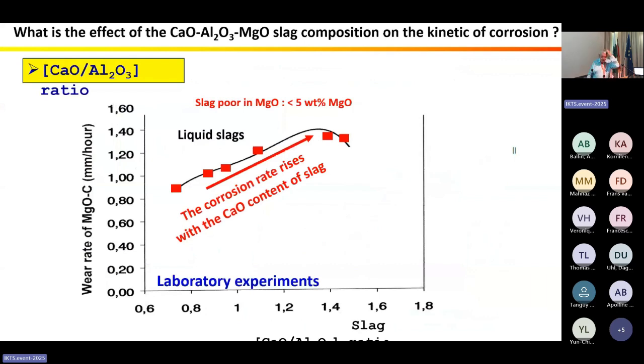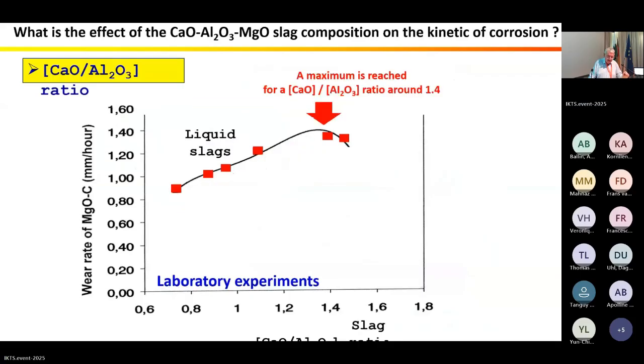So, what we observe in laboratory tests, this figure represents the wear rate of magnesia graphite versus the lime to alumina ratio in slag. We observe that the corrosion rate rises when the lime content of the slag increases. Then we observe a maximum of wear for a lime alumina ratio around 1.54.